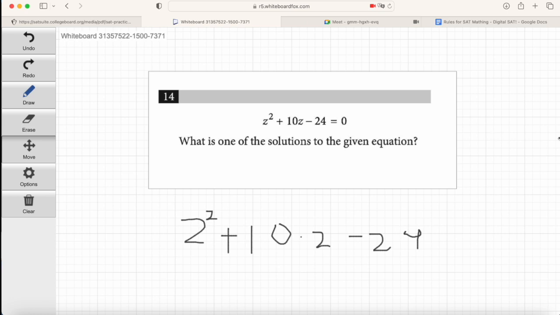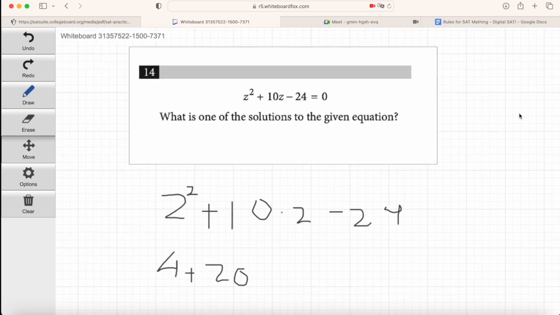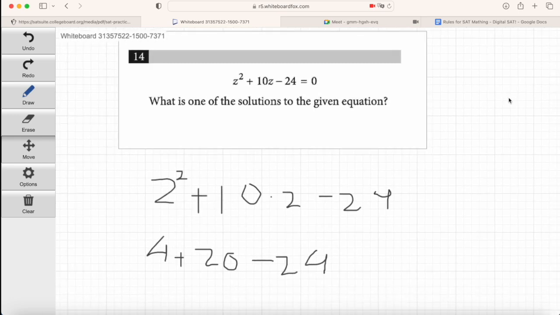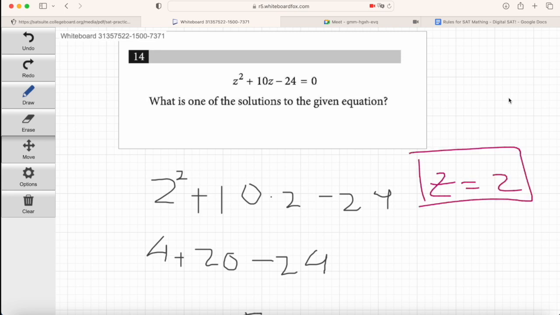We have 4 plus 20 minus 24. What's 4 plus 20? 24. What's 24 minus 24? There's your answer. 2 works. 2's an answer.